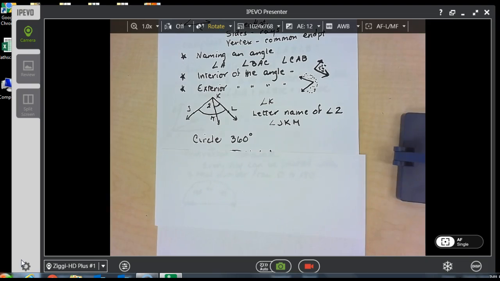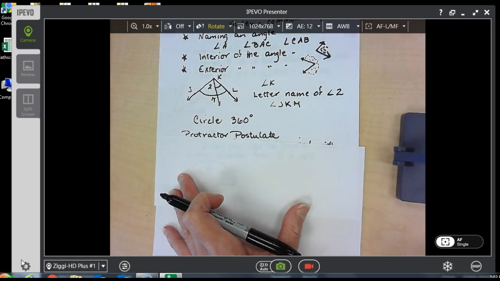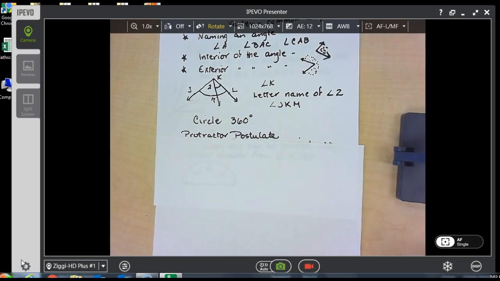All right, so if we're talking about a whole circle, we go 360 degrees. If we do half a circle, that is a protractor. And so they do a protractor postulate, because they're assuming you've never seen a protractor before in your life.